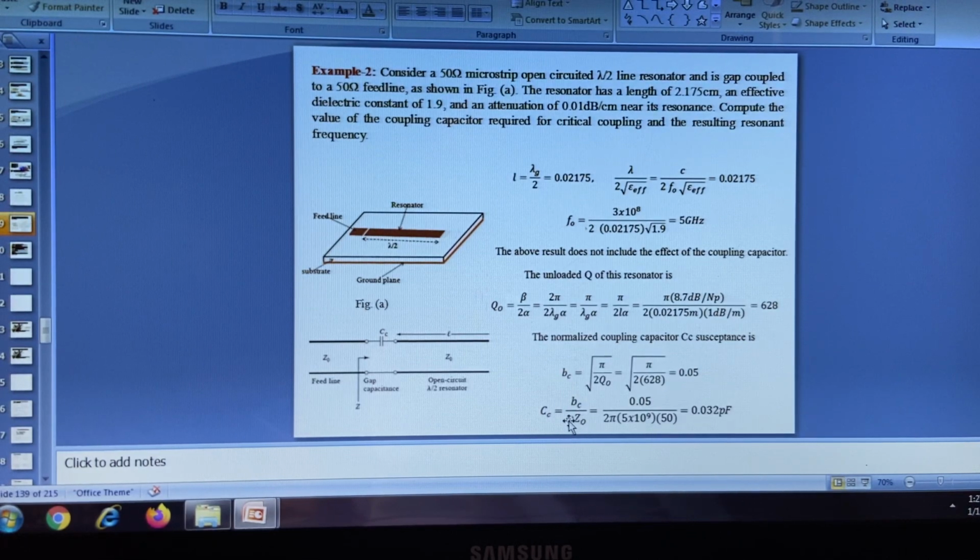Using that, we get the coupling capacitor equal to 0.032 picofarad. For critical coupling, the capacitor must be equal to this value. Then maximum energy will be transferred to the resonator, and the resonant frequency is less than 5 gigahertz.